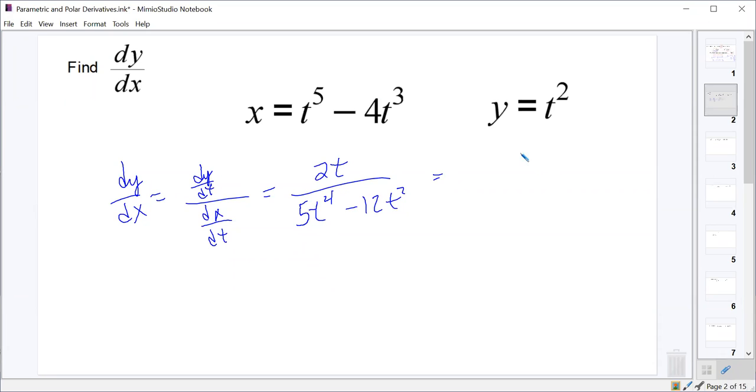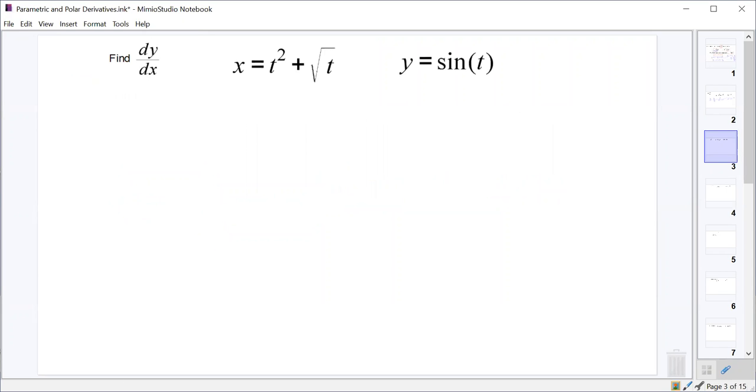And I could cancel out a t to give me 2 over 5t cubed minus 12t. Good or no? Good. All right, and one thing we might note is that the derivative with respect to x of a parametric function is going to come out in terms of t for us, which is okay, because generally we're given a range of t values, and we need to do stuff in terms of t with parametric functions.